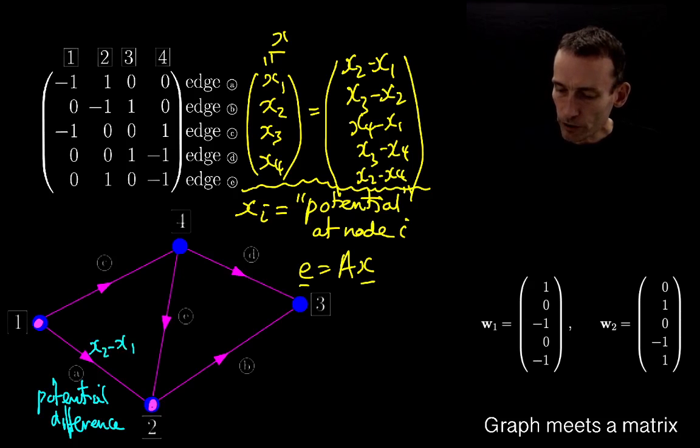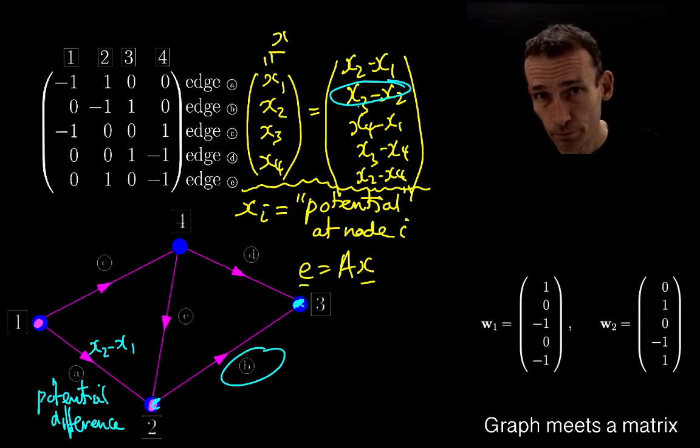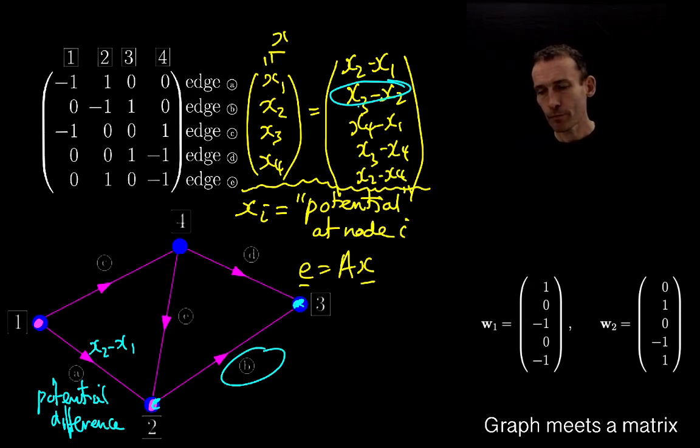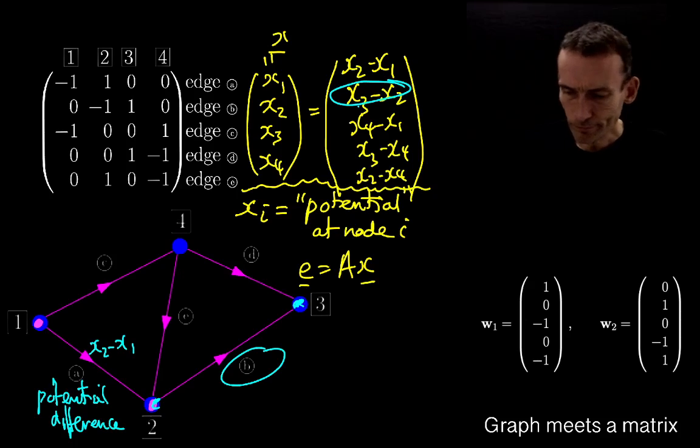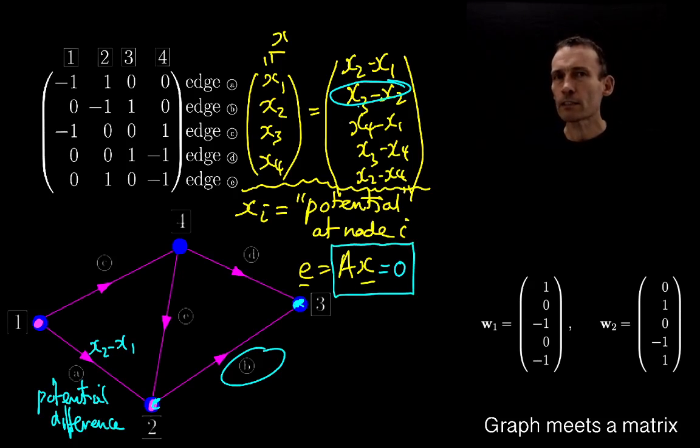And then can't you see also that if I look at edge b, x3 minus x2, which is the second component of e, is the potential difference between here and here? So in short, I would call e a vector of potential differences. Interesting. So what does it mean, with that interpretation, for me to look for a vector of potentials x for which the potential differences are all 0?